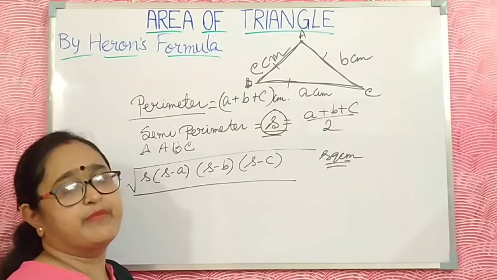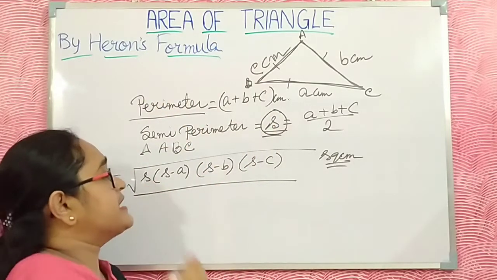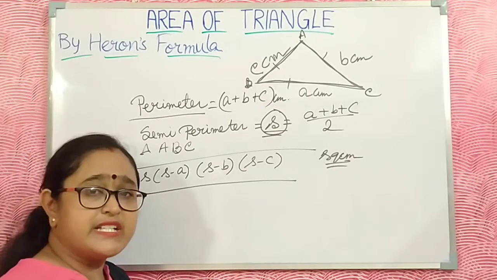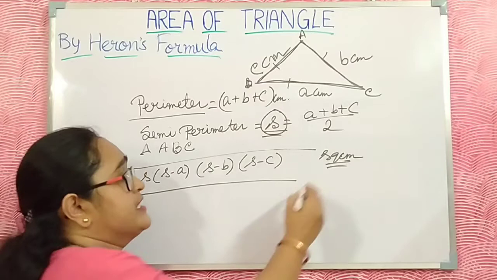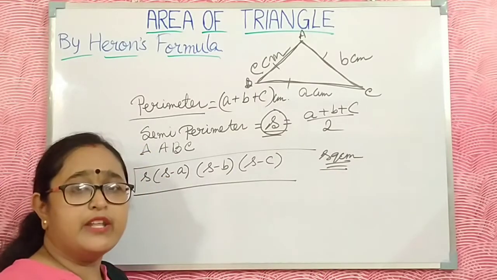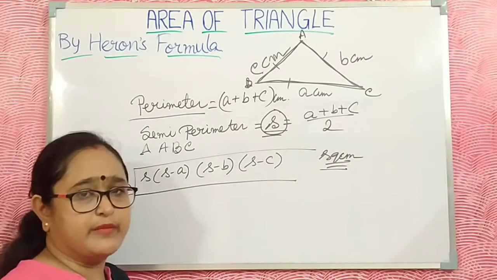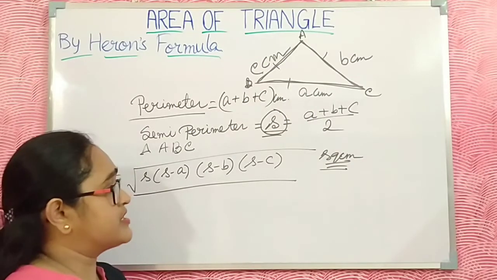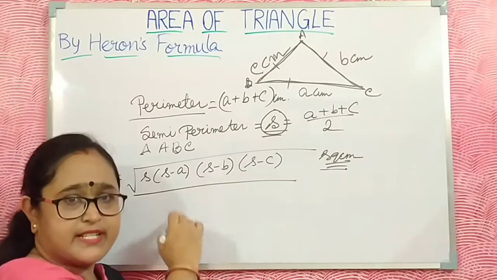Then using this semi-perimeter, the area of the triangle is the square root of s into s minus a into s minus b into s minus c. You must give square units, here square centimeter. Now I will give an example of this result.